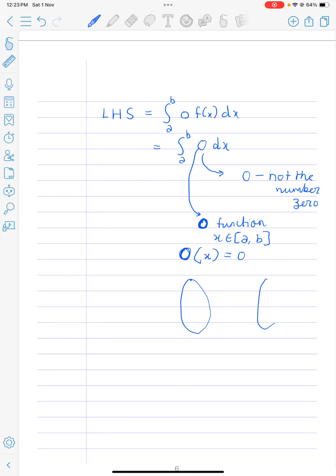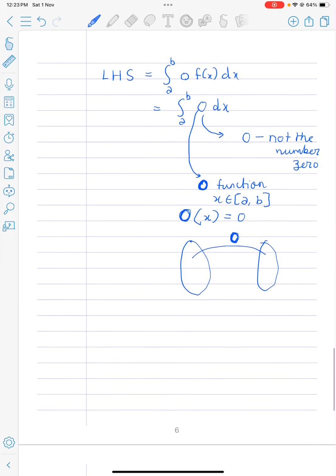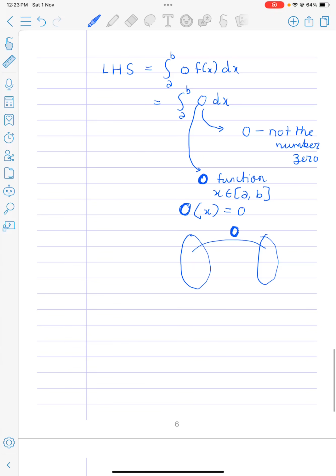Let's say I will draw images. Let's say this one is the set, say [a, b]. It takes any value between a and b, and returns the number 0. This is the 0 function. And what is the difference?